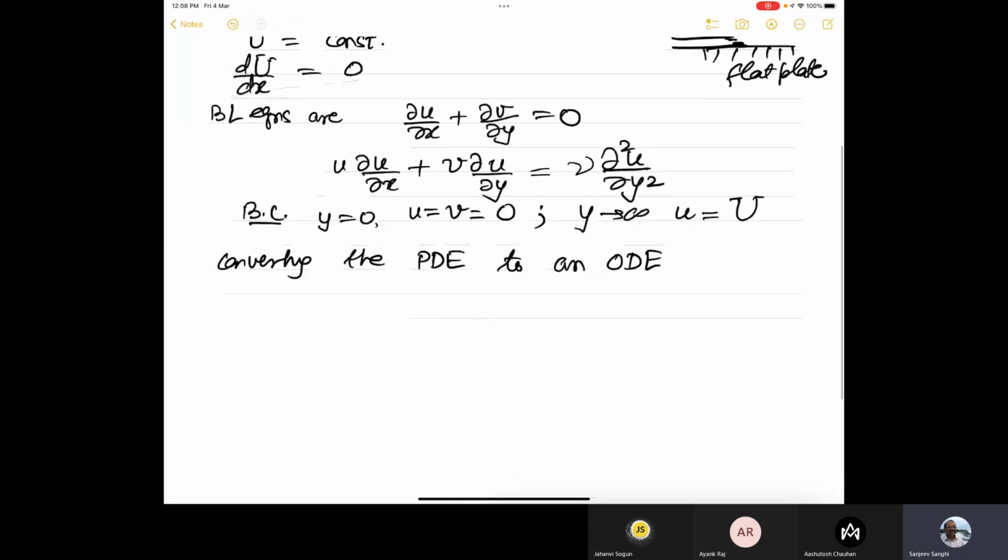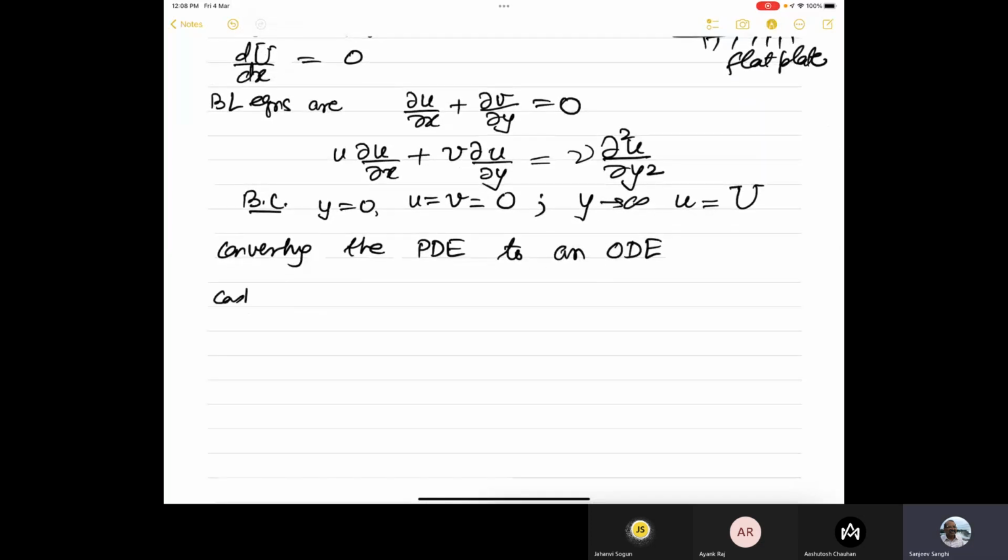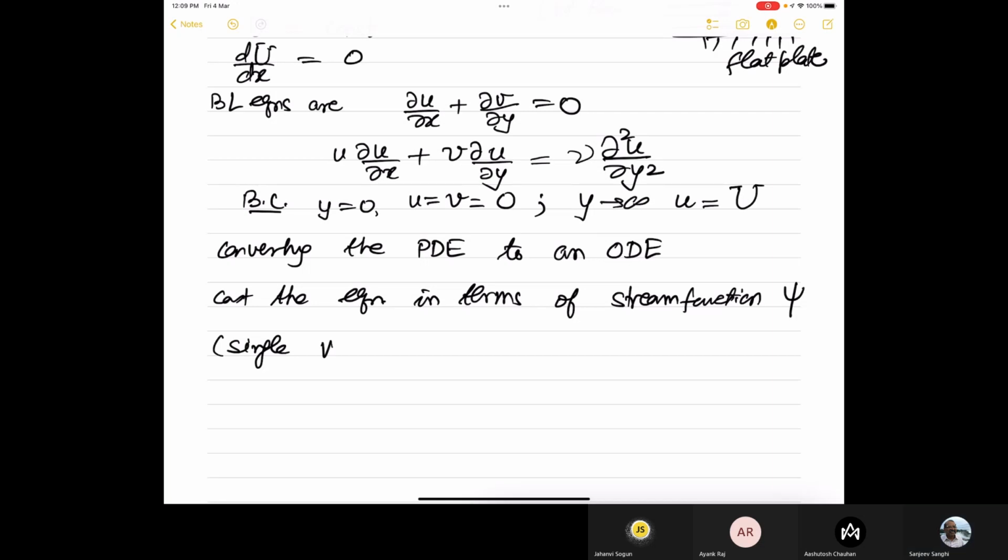What we do is cast the equation in terms of the stream function psi. So instead of writing the equation in terms of u and v, we put it in terms of a single variable.